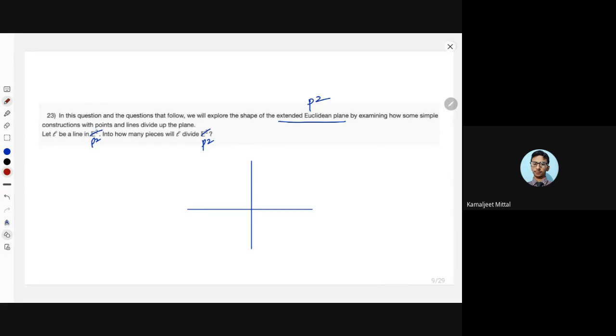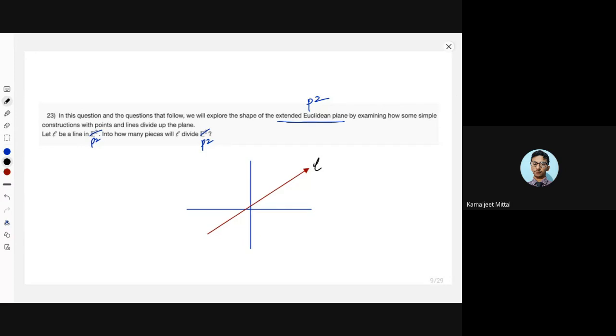So let me take any line L in this plane. Why not take this line. This is my L. It is going in both directions. And now the question is, how many pieces does this L divide the plane into?